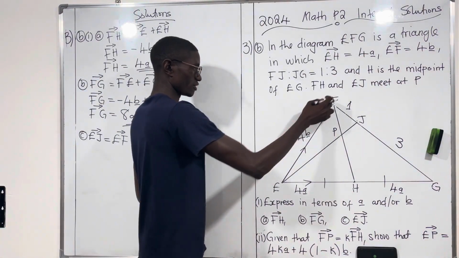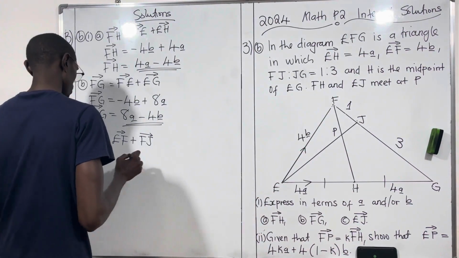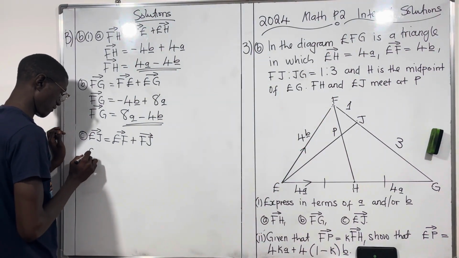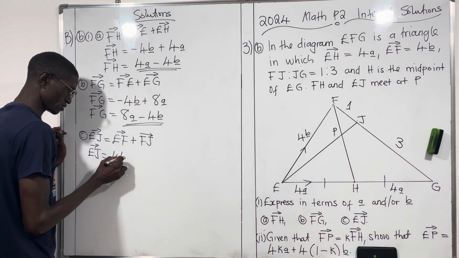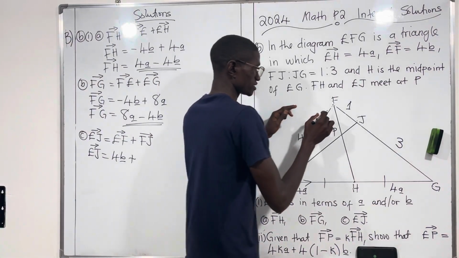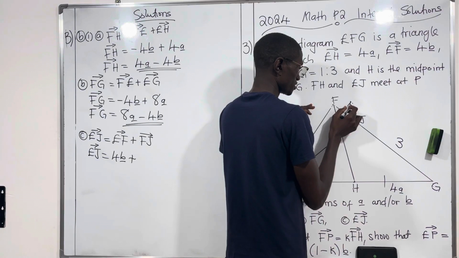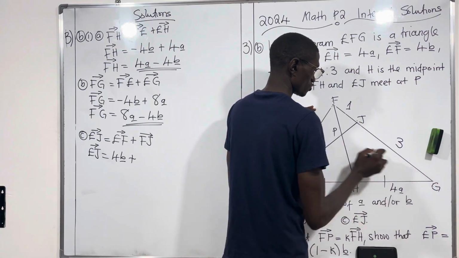All right, so now what is EF? EF is in the direction of the vector, so it's going to be +4 vector B, plus what is FJ? FJ is the distance from there to there, which is 1 out of the total. So what is the total?